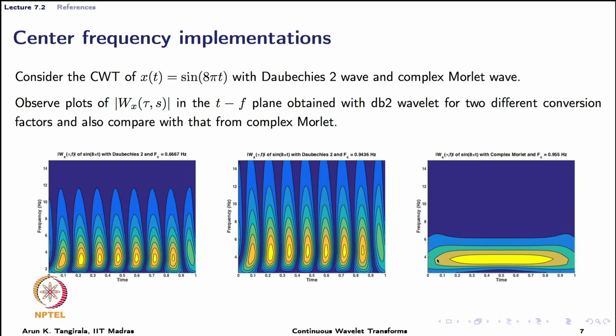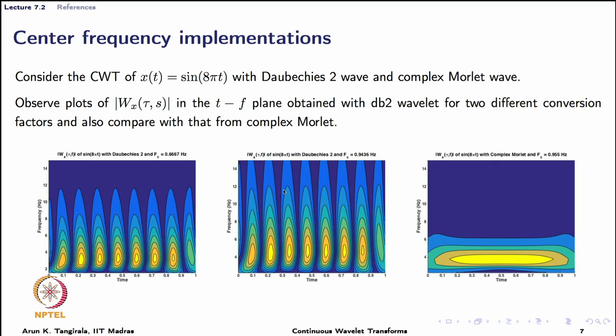Remember, you will never get the true frequency accurately, that is why we call it a pseudo frequency, but this serves the purpose that we are looking at. Of course, now you can look at the differences between the magnitude of CWT with the Daubechies wave and the Morlet wave. You can also now understand why Morlet waves are very popularly used in CWT and not Daubechies waves.